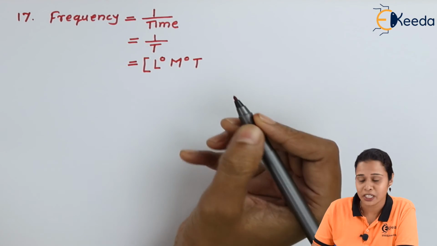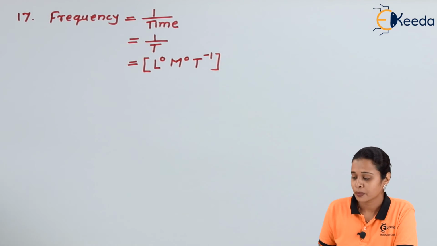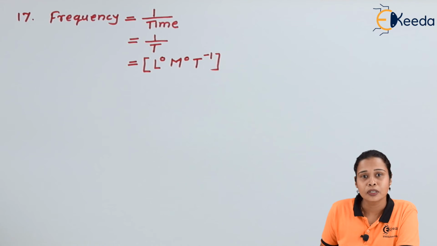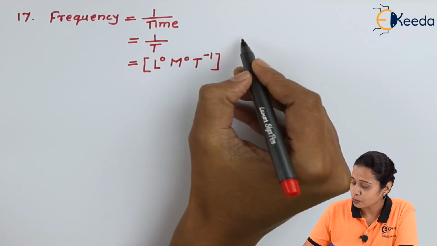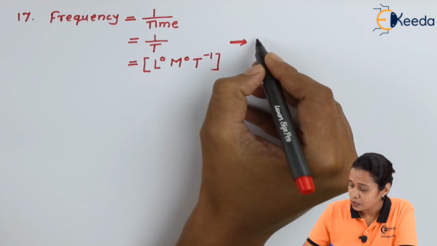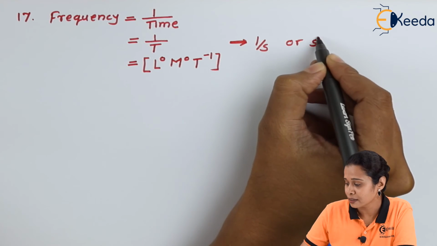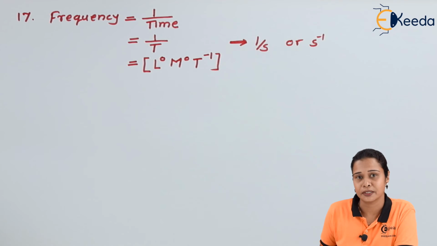T is in the denominator, so here we'll write T minus 1. This is the dimension of frequency. If you want to find out the unit of frequency, we can find it from this formula. We can write down 1 by second, or second inverse. It's the unit of frequency.